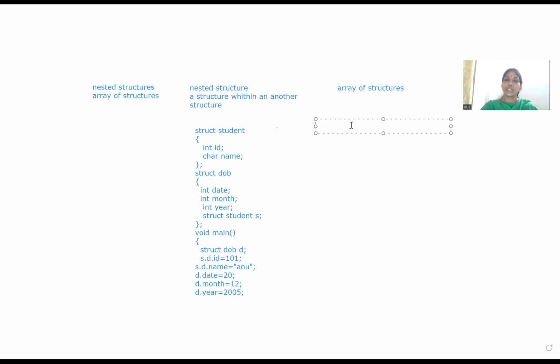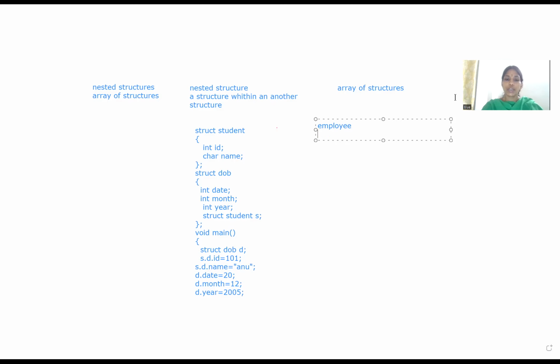Okay. So by iterating the looping statement, we can pass the number of elements, we can pass the number of records, we can pass the number of objects into that array. So here I'm taking one example. Okay, employee.